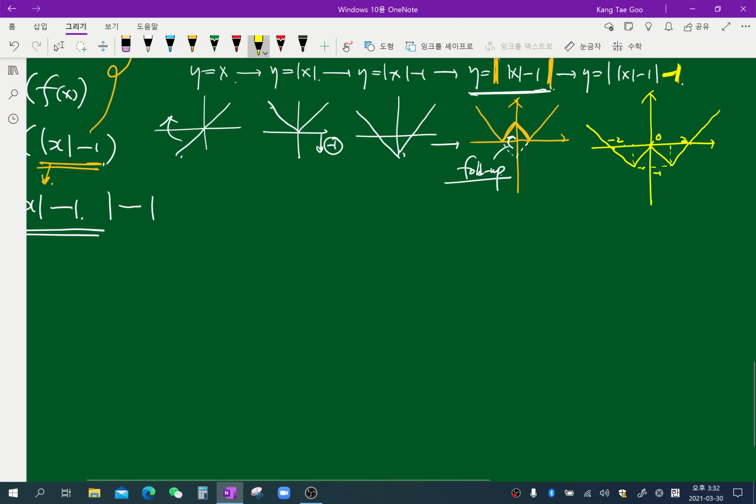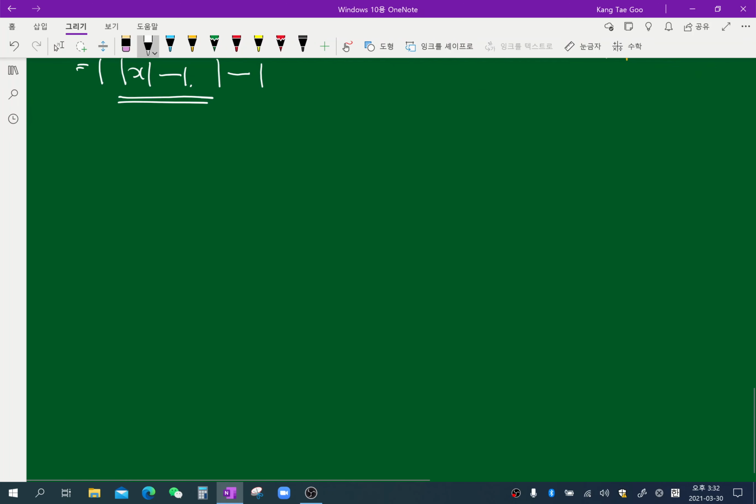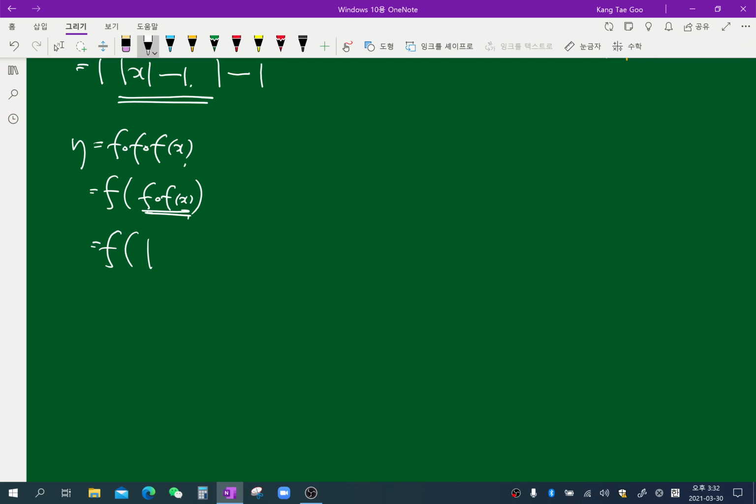Okay, then let's exercise one more time. Y is f of f(x). How to draw this? f of f(x), and we know what that is? f of the absolute value of x minus 1, absolute value minus 1.